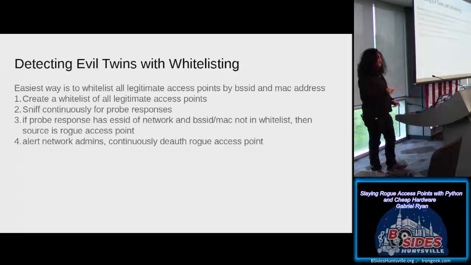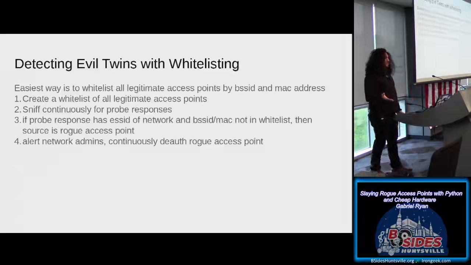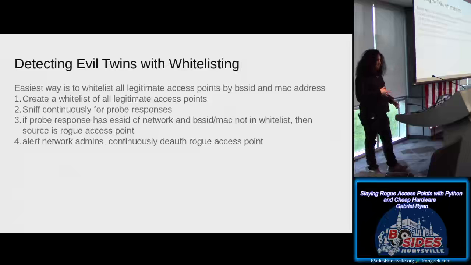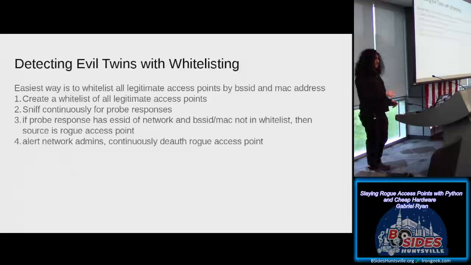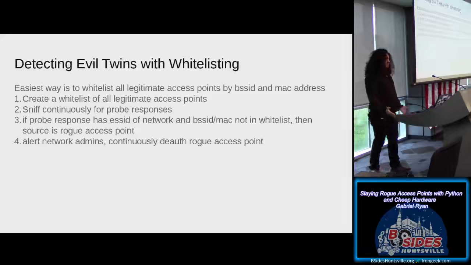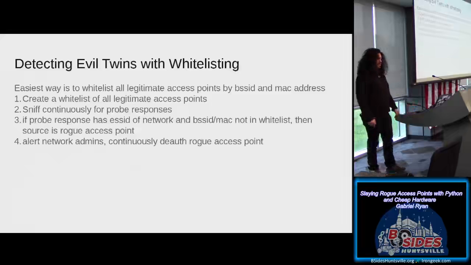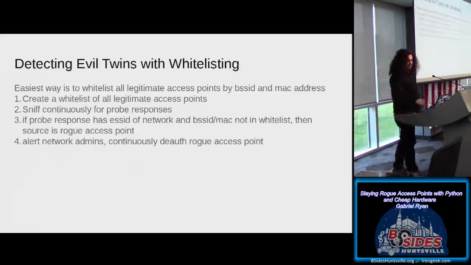You can set up a list of those that correspond to the SSID of your network, and sniff continuously for probe responses coming from nearby access points. If you get a probe response that is identified with your SSID, your network name, but the BSSID is not in your whitelist, at that point something fishy is going on, and you can take action accordingly.